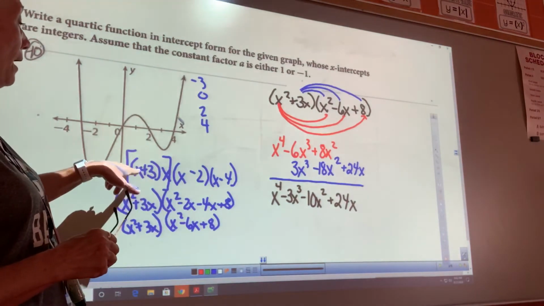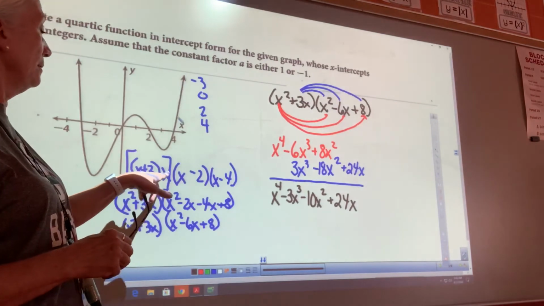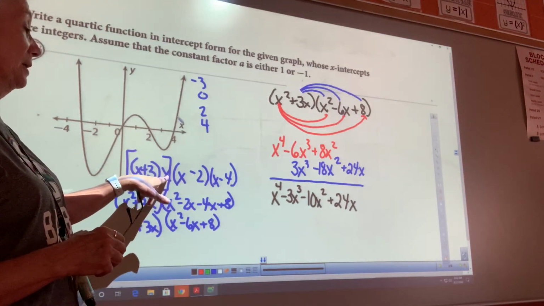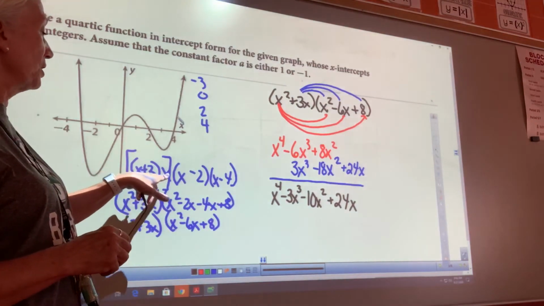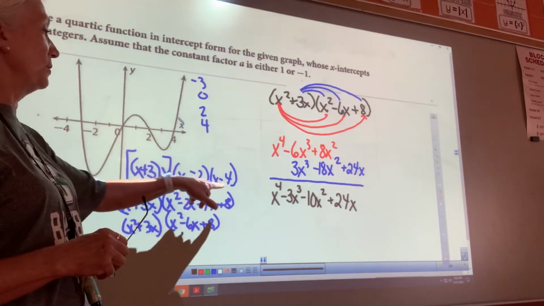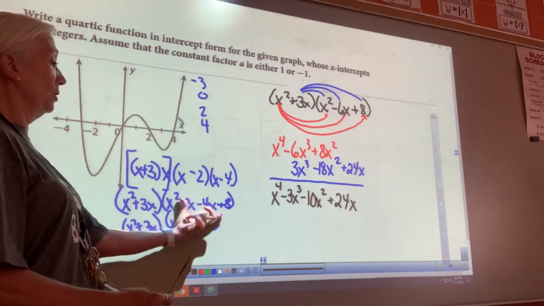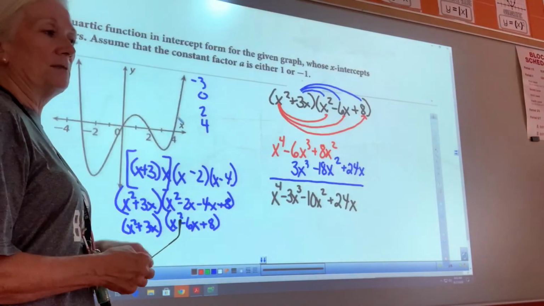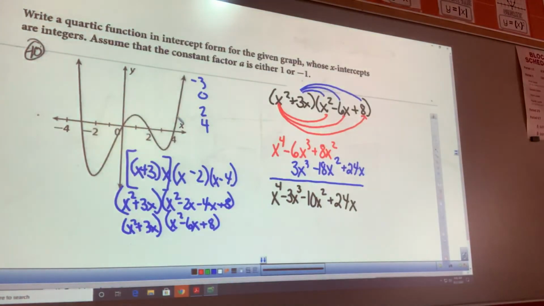It's made up of 4 linear functions. X plus 3, x, because that's really like x plus 0. So x plus 3, x, x minus 2, and x minus 4. It could also be made up of 2 quadratics. This goes on to another page in our packet that I want us to reference as well.